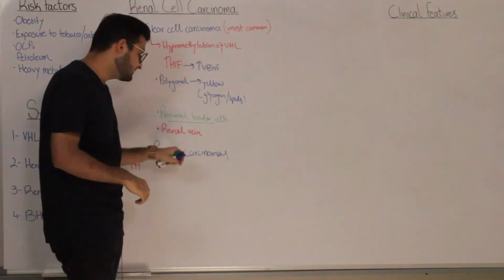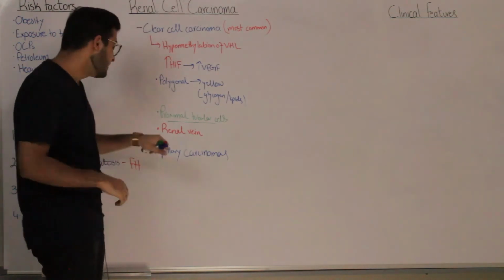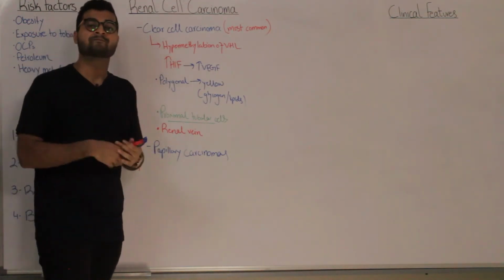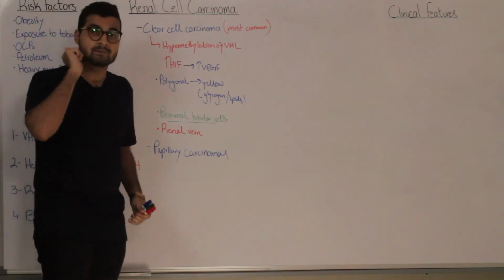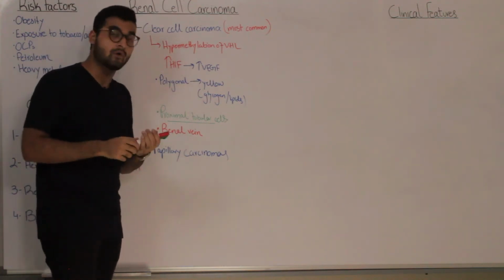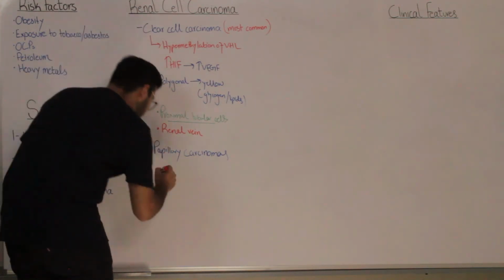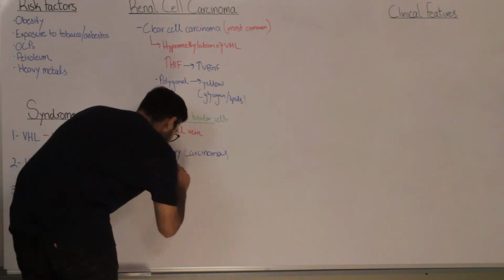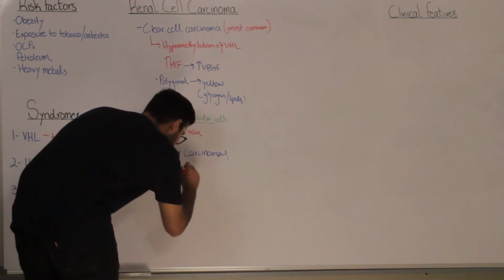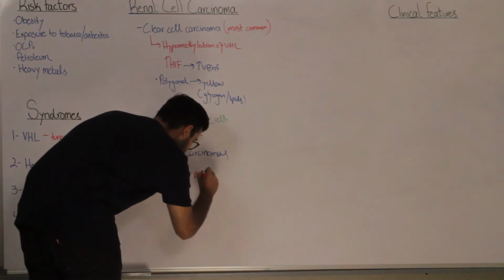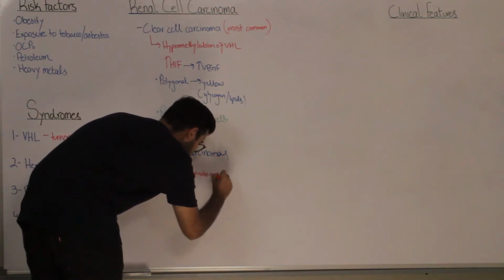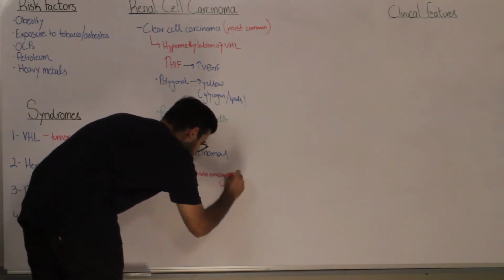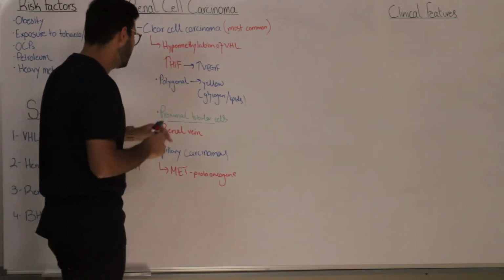So what happens in papillary carcinomas is that, as I mentioned, you have the mutation of your MET proto-oncogene. So let me write that down here. You have mutation in your MET proto-oncogene. We'll see what this gene does.